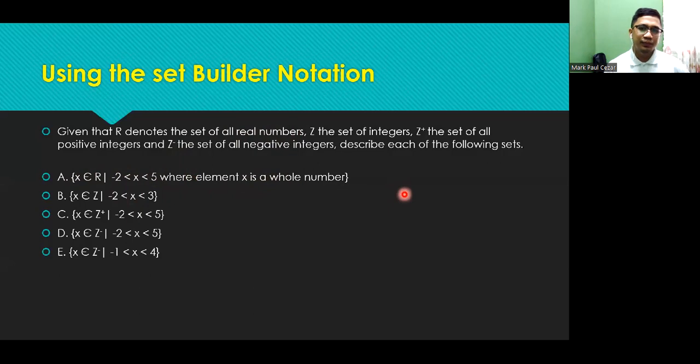Can you give me the answer? Did you get that? We're trying to look for an element or elements that will satisfy this notation. We're trying to find the value of X such that X will be greater than -2 and less than 5, and it is a whole number.